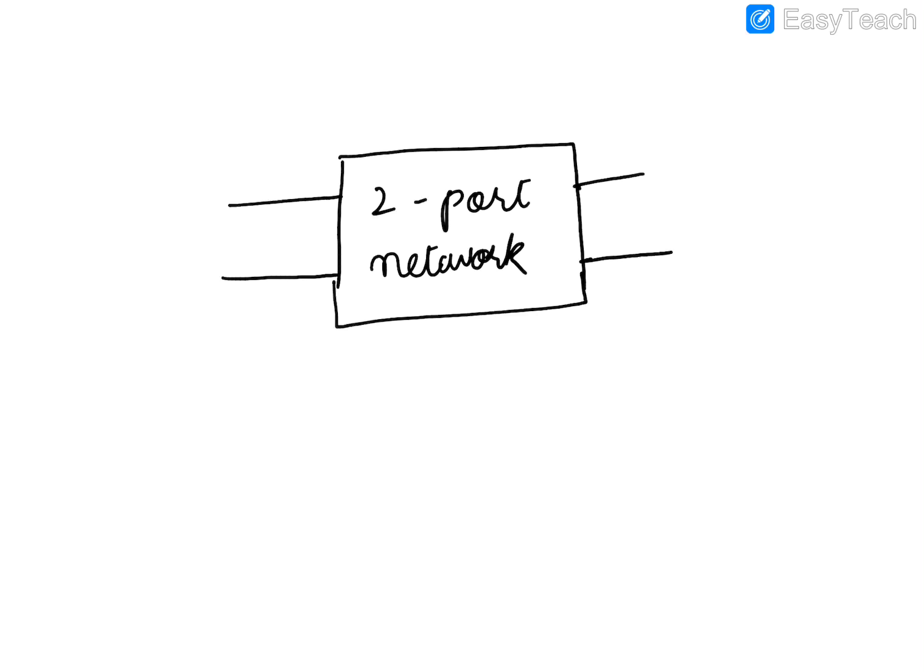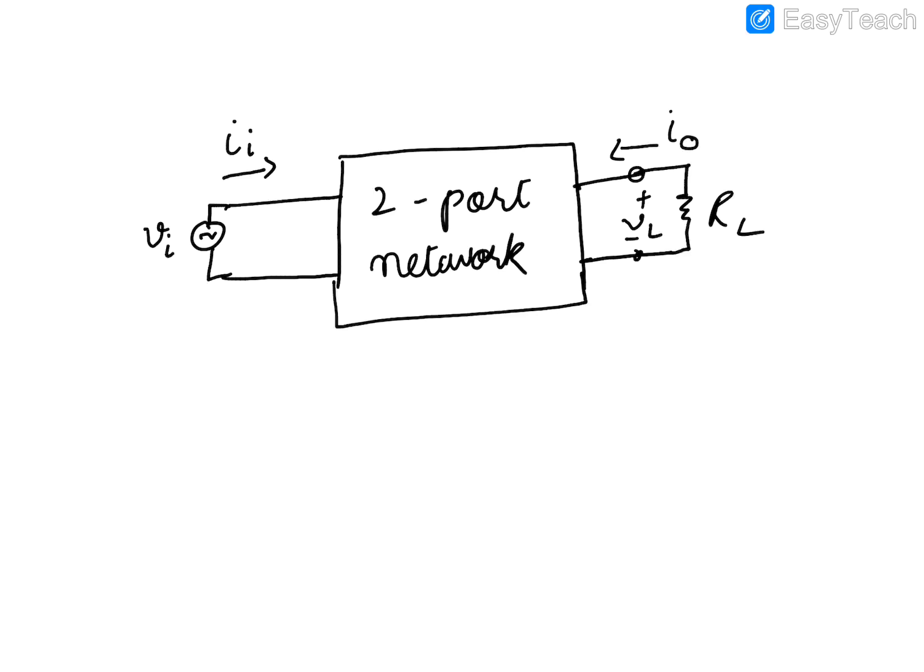So when you connect a voltage source at input side, which will be Vi, let's say the input current is Ii, and if we connect a load across the output, voltage is VL and the output current is Io.